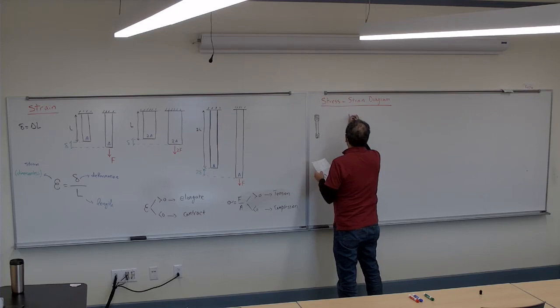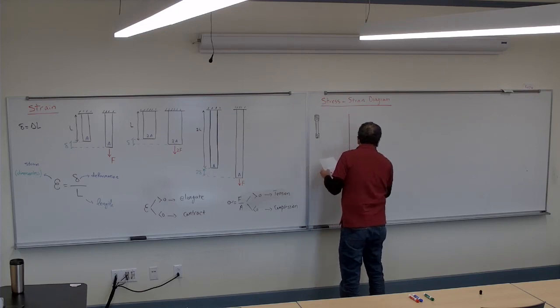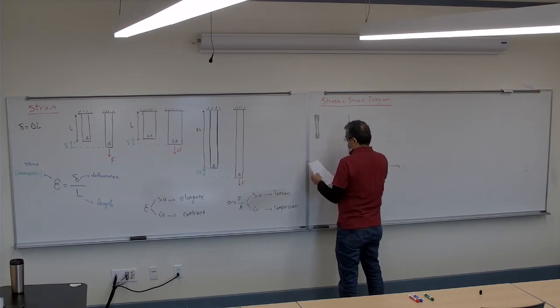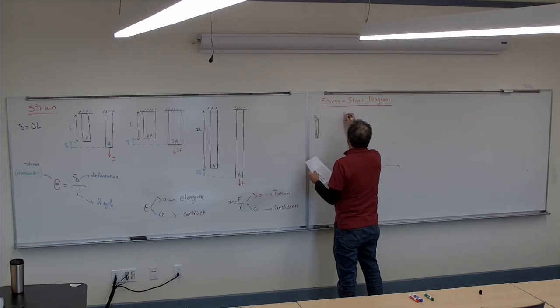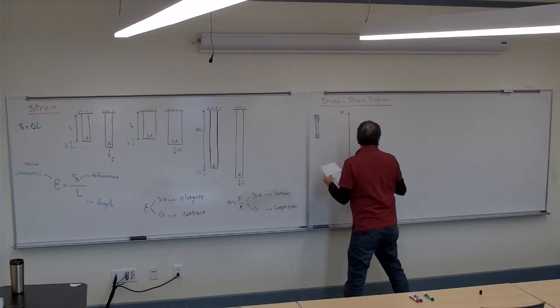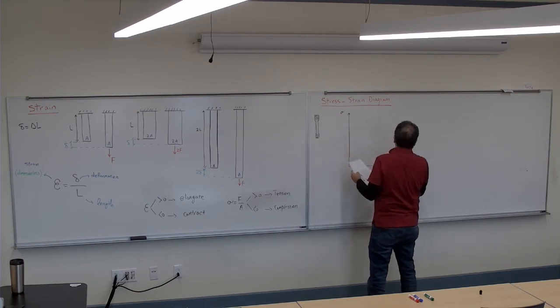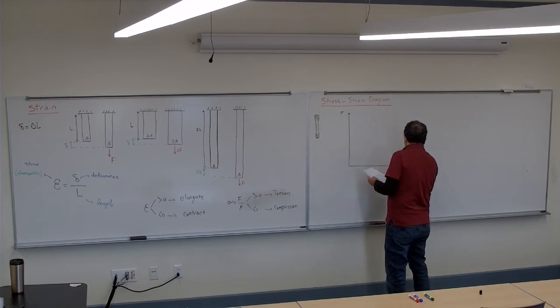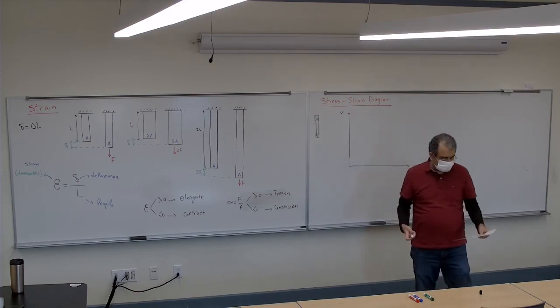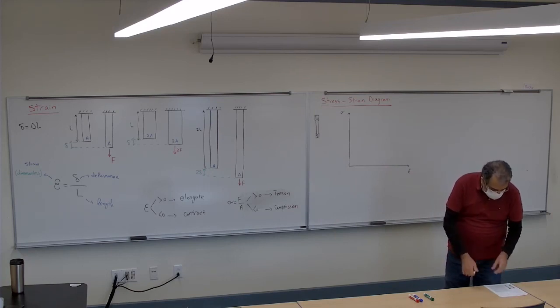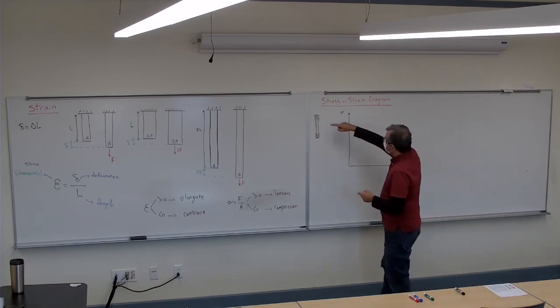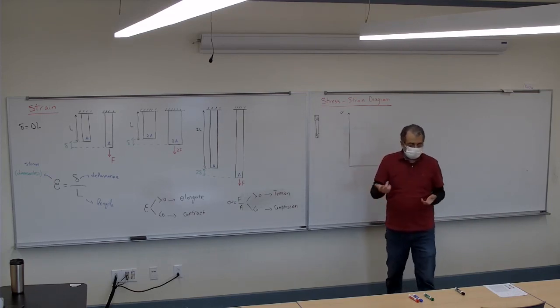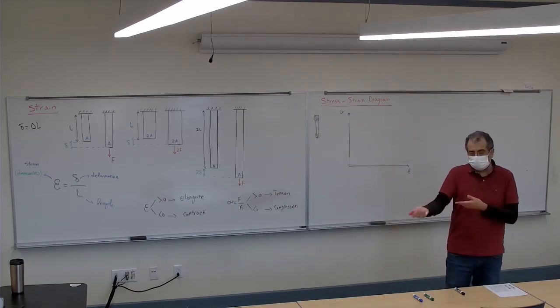So I'm going to draw the shape of that, with stress on one axis and strain on the other. I'm going to run that test and start measuring it, to see for any deformation how much force I need, or for any force how much deformation I get.